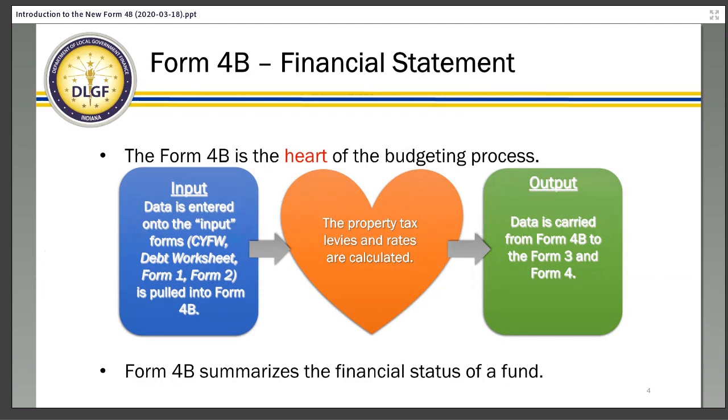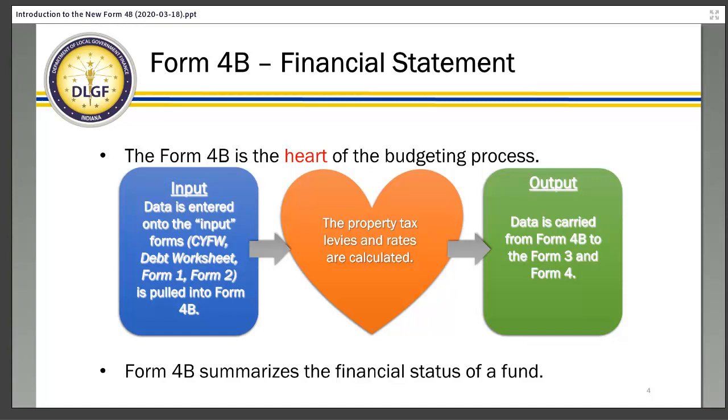Now, if we're looking for an easy definition of what this represents, the 4B sits at the heart of the budgeting process. On the left side, we can see that input forms, like the current year financial form or the debt worksheet, Form 1 or the Form 2, can serve as the source material. That is where units are reporting values to the department. The information flows from those input forms into the 4B.